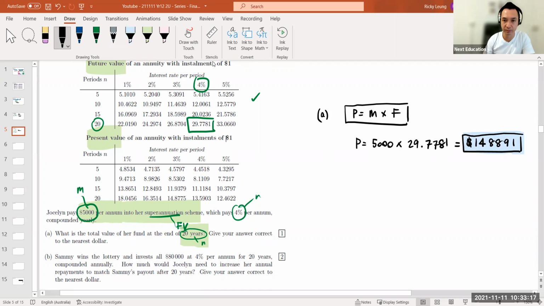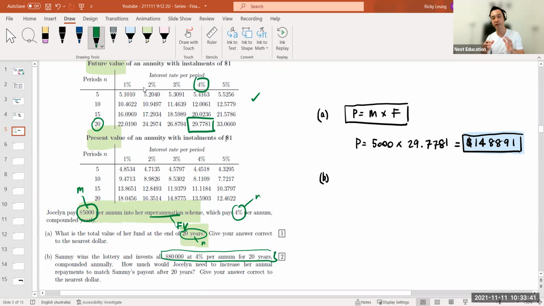Yeah, not bad. Now, Sammy, someone else, wins the lottery and invests all 80,000 at 4% for 20 years. Okay, that's just simple compound interest. Invested for 20 years, perfect. How much would Jocelyn need to increase her annual repayments by to match? Okay, cool.